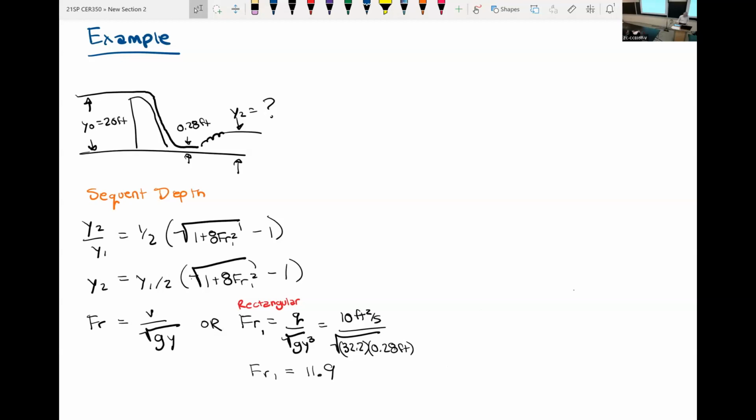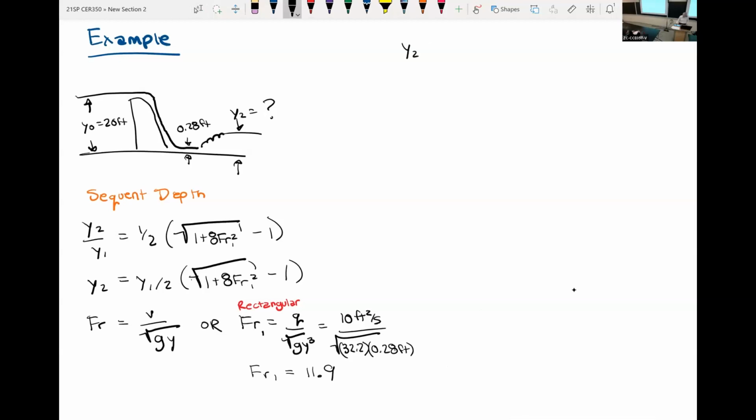Now you plug in: Y2 equals 0.28 feet over 2 times the square root of 1 plus 8 times 11.9 squared. And again, be very careful about where that square root ends. I always try to put in little tips of where I've seen mistakes in the past. Then minus 1.